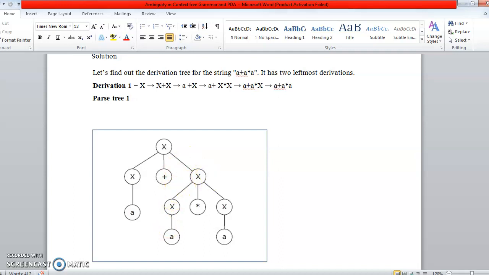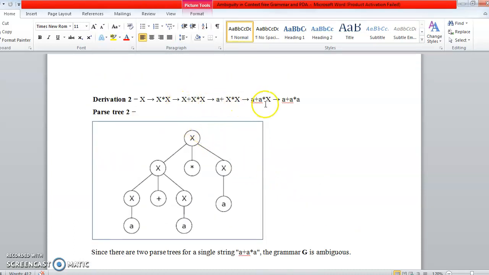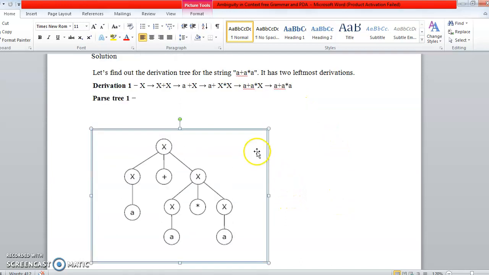The parse tree for this left derivation is like this, and the parse tree for the other left derivation is this. That means what is the difference? To have the same string, I have used the left derivations in different ways.